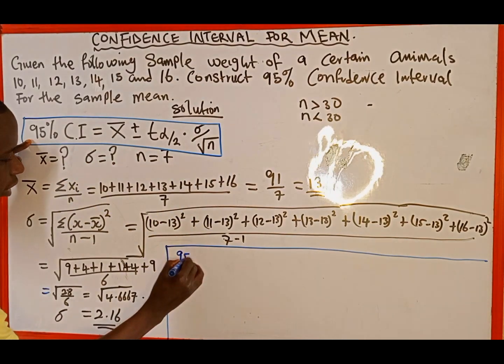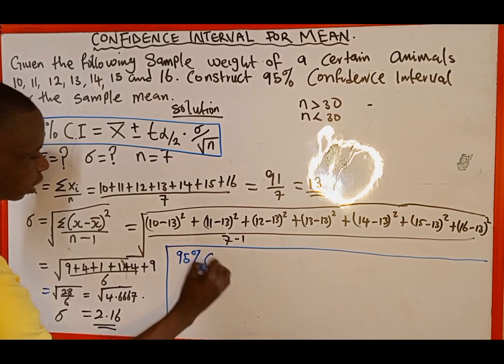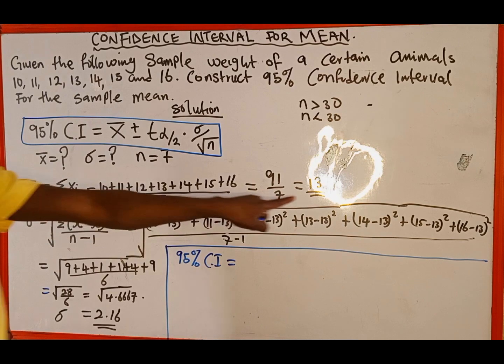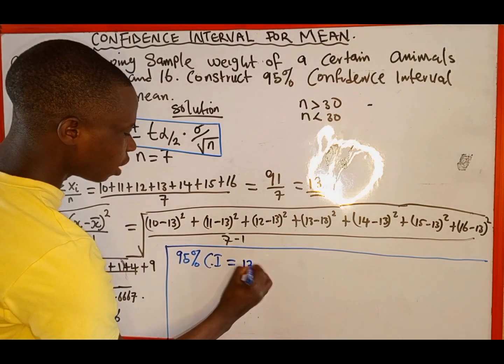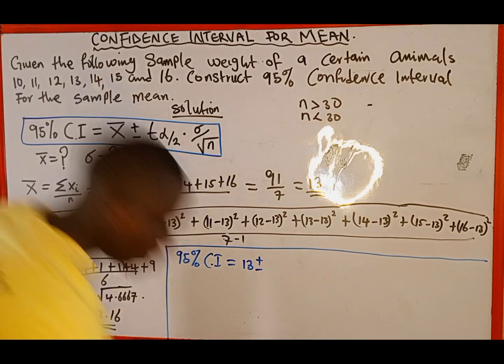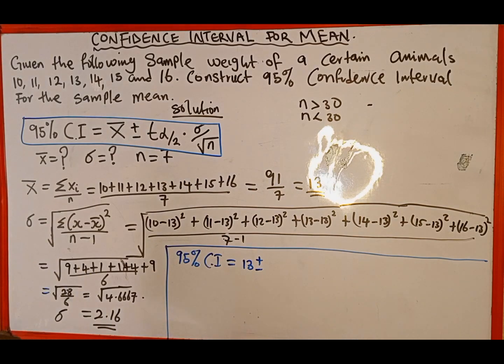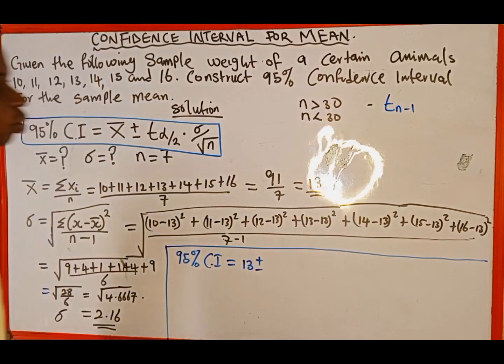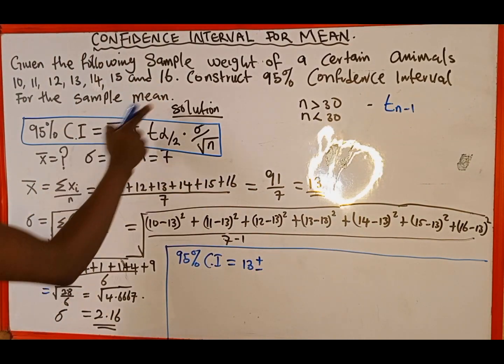The 95% confidence interval, which is equal to what? X bar, and X bar we found to be 13. We need to have 13 plus or minus T alpha over 2. So if you are reading the table, this formula will guide you: T n minus 1, where n from the question is 7.